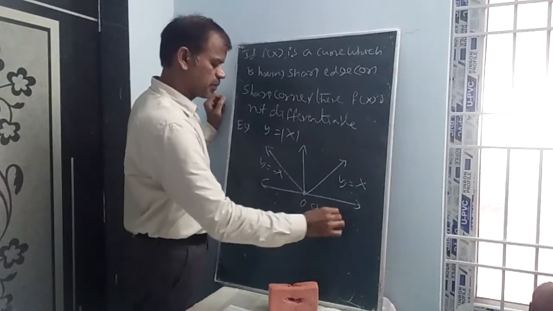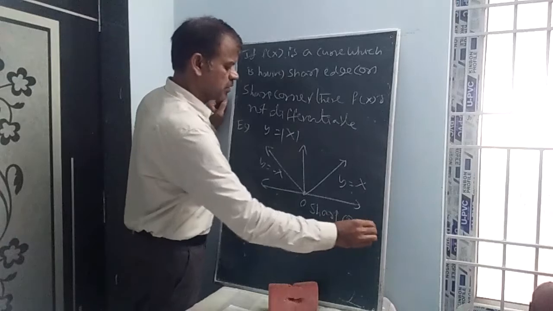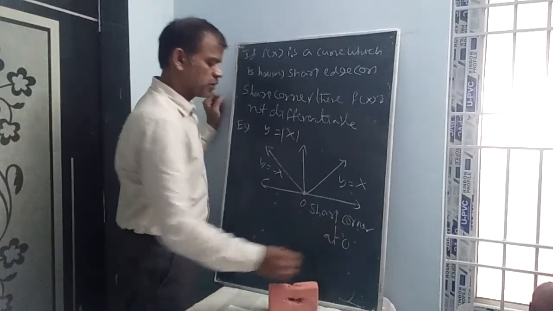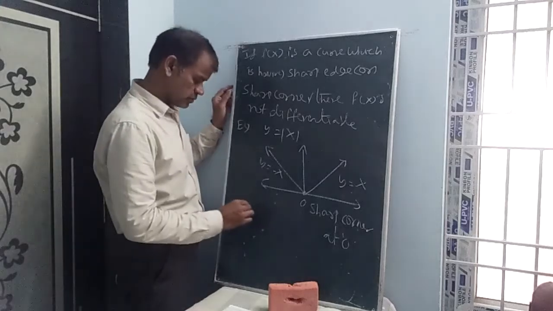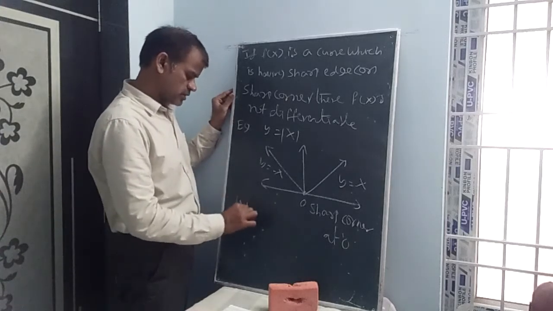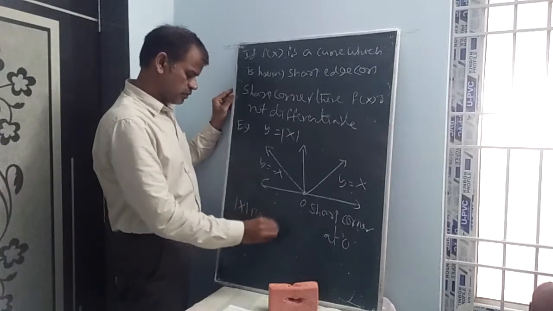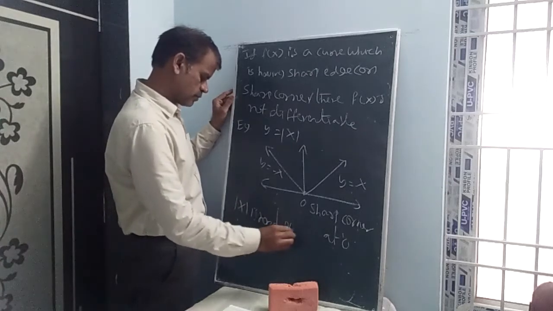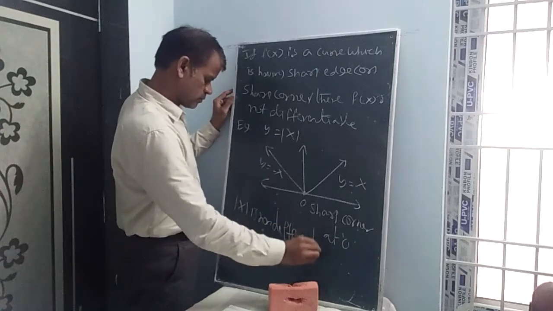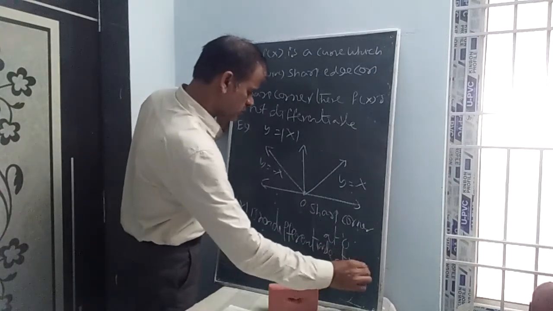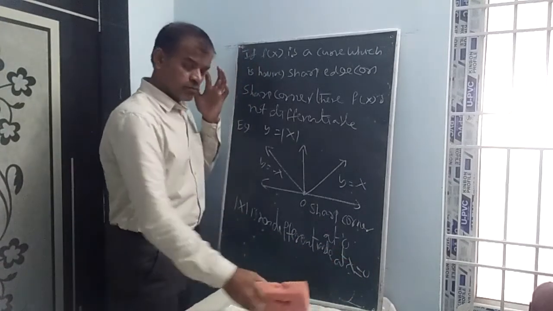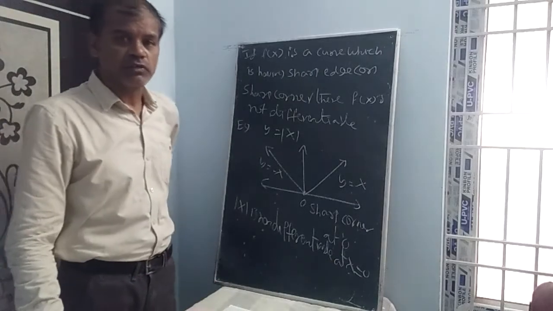Sharp corner at 0. So undoubtedly we can say that modulus of x is non-differentiable at x is equal to 0.